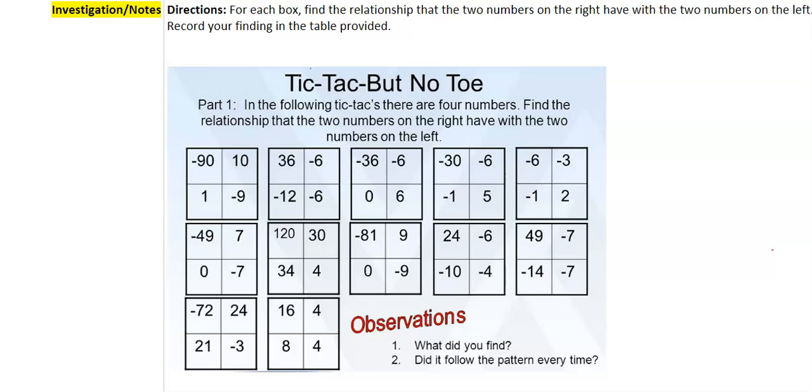So if we look at this tic-tac but no toe, we want to look at the right two numbers. If we look at the first box here, we're looking at 10 and -9 and how they relate to those numbers on the left.